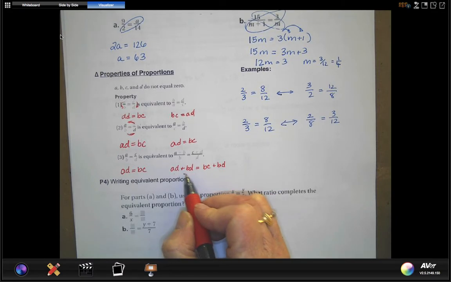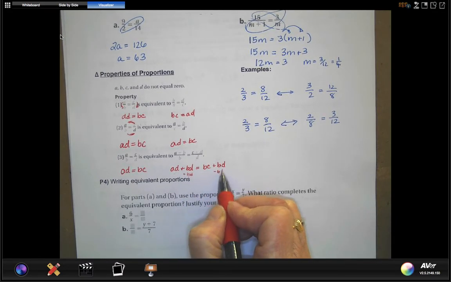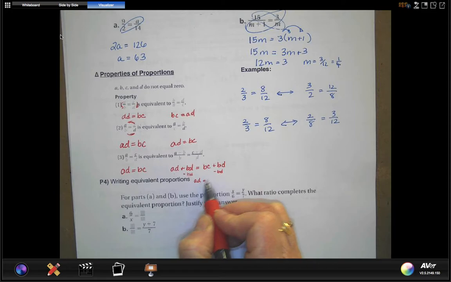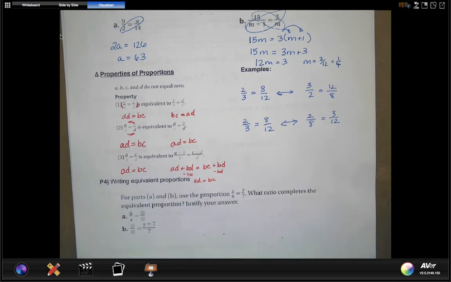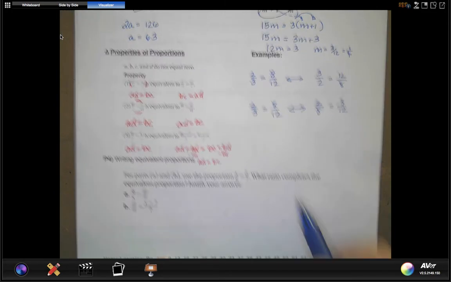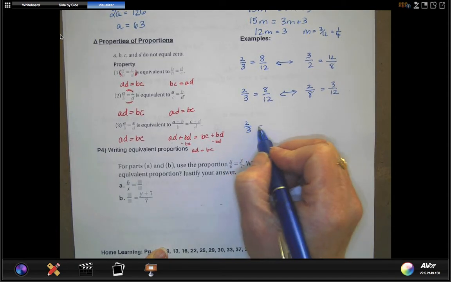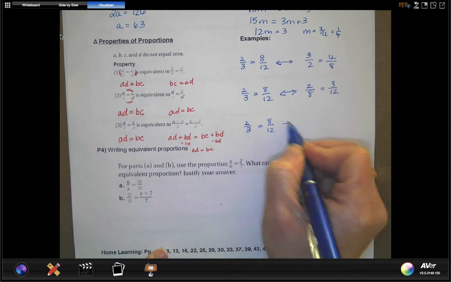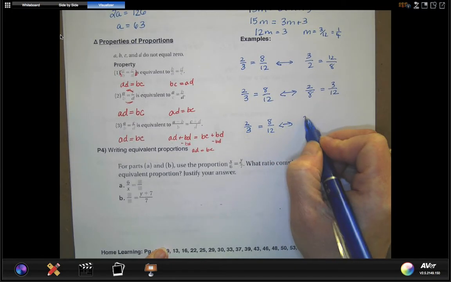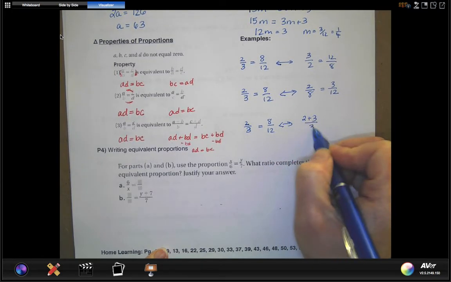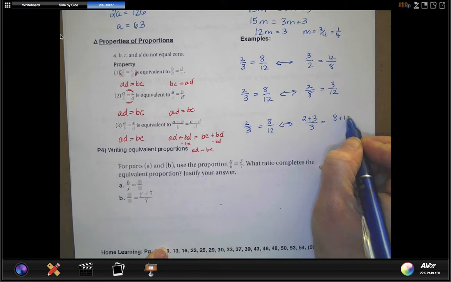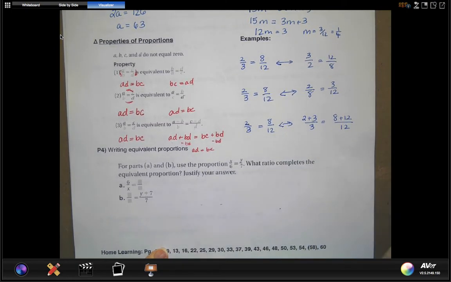Well, if I subtract BD from both sides, I'm going to just end up with AD is equal to BC. So again, I've got the same thing that I started with over there. So this is like saying 2 over 3 is equal to 8 over 12 is the equivalent expression as 2 plus 3 over 3 equals 8 plus 12 over 12, okay?